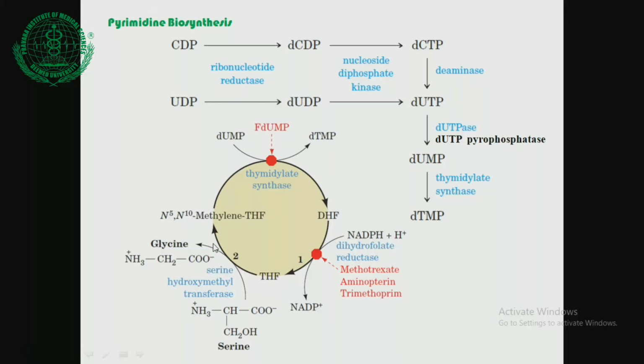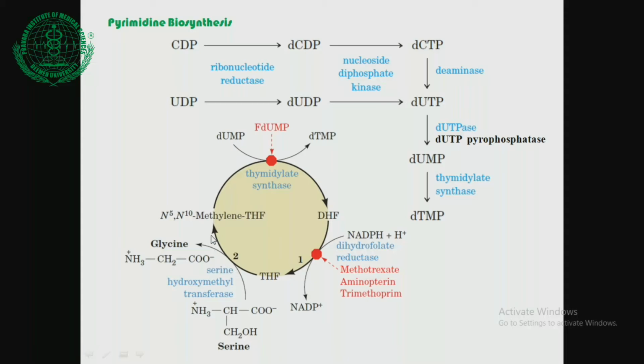Tetrahydrofolate further acquires a methylene group and regenerates methylene tetrahydrofolate through the action of an enzyme called serine hydroxymethyltransferase, which acts on serine and transfers the hydroxymethylene group of serine to tetrahydrofolate, turning the serine into glycine.